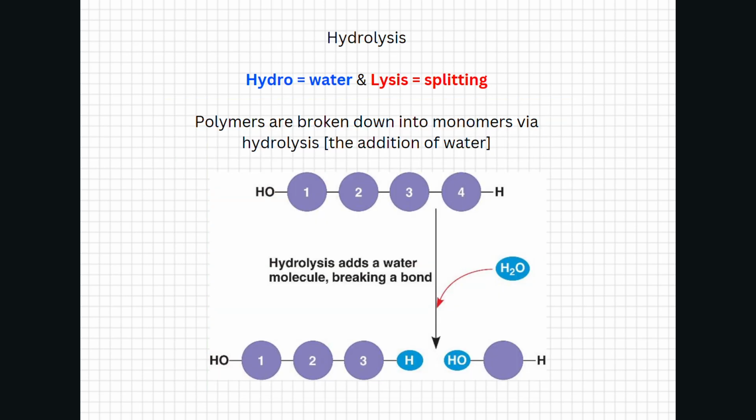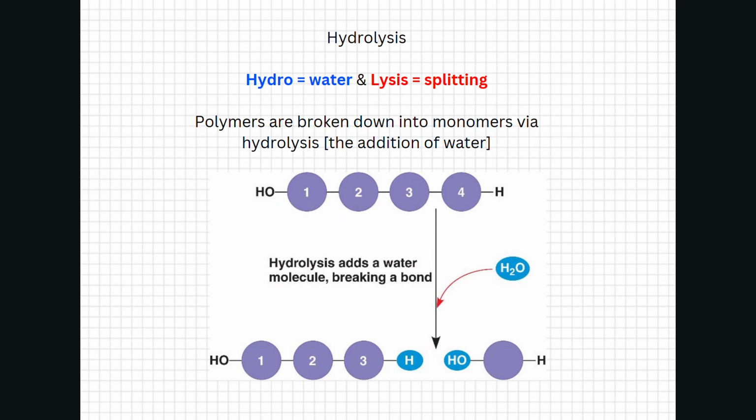Now, if we want to break down a polymer into monomers, rather than building monomers into polymers, we use a reaction called hydrolysis. I like to break down the word itself. Hydro means water, and lysis means splitting. We add a water to split the molecule. As you see here, water is being inserted between monomer 3 and monomer 4.